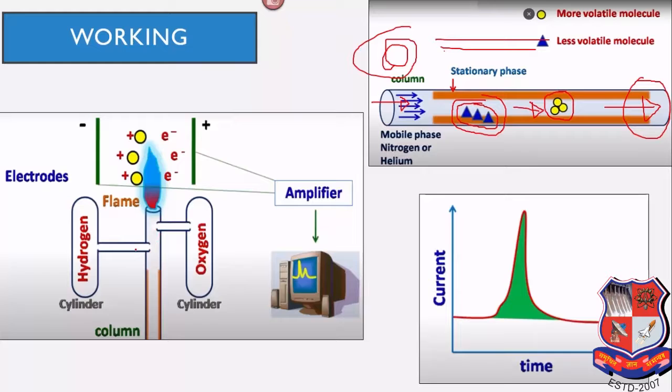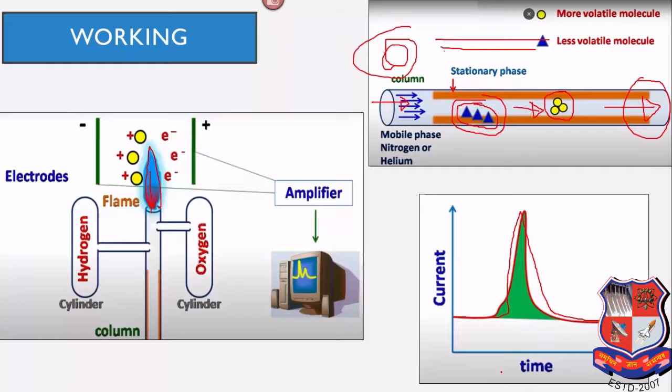It then continuously flames there. It is ionized by means of this electrode, and the detector detects how much of the volatile compounds are there. This is the current versus time graph where we get the compound.